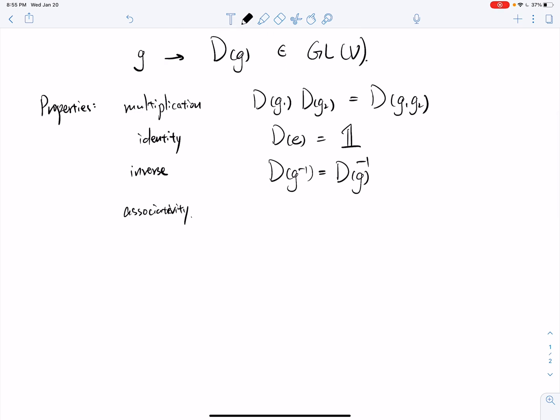Now that we've seen what is the representation, we define a very important class of representation. They're called reducible representations.